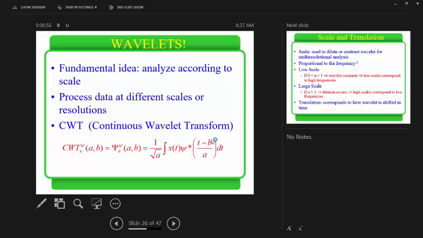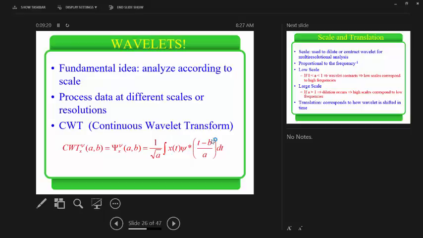Clear? Time, yes. In our case, for images, instead of time, I will have space. I will have, for example, the row, and I will have as well the colors. Understand the idea?